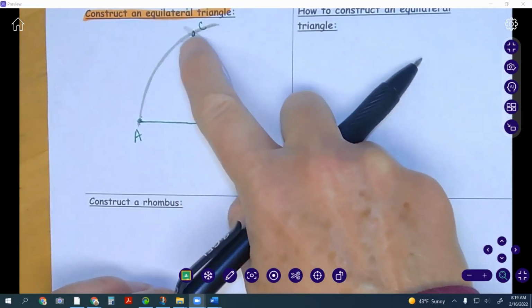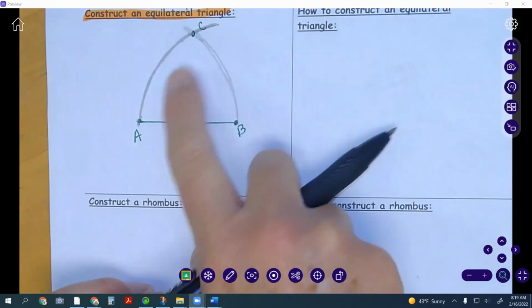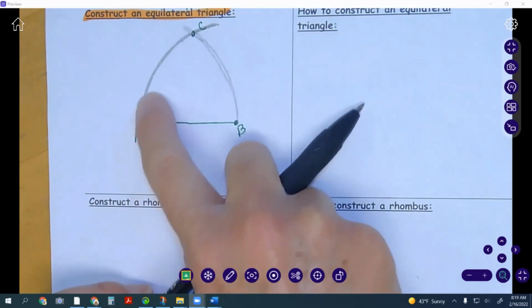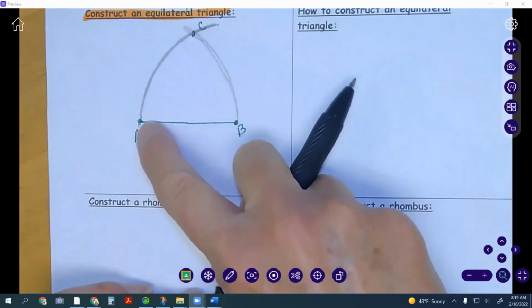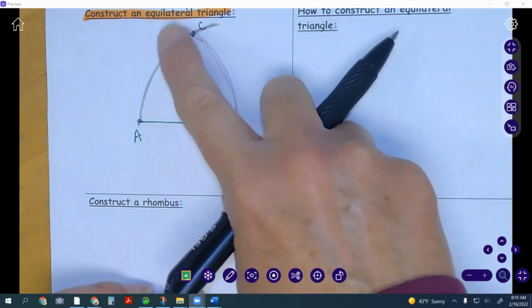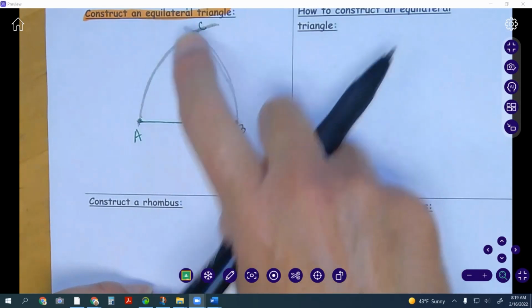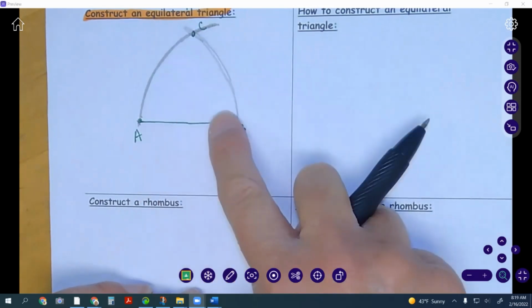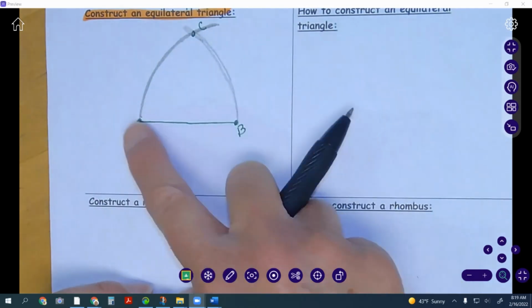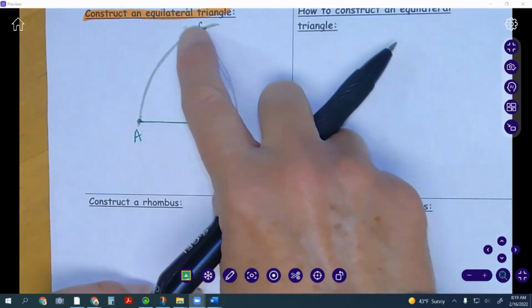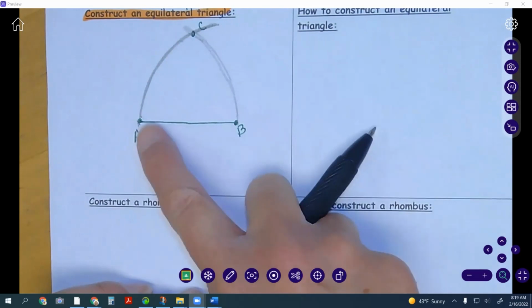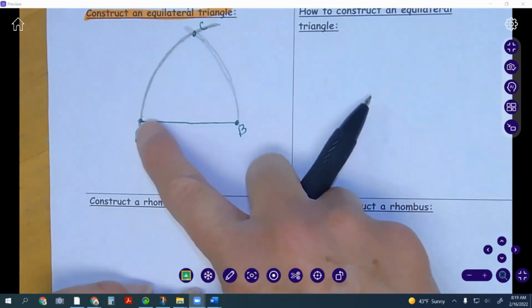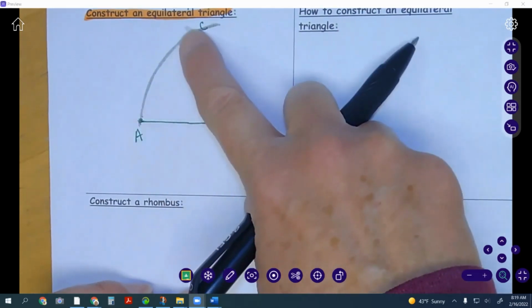That point is the distance from A to C, which is the radius of this circle, but it's also the same as the radius of this. Okay, so you see here, this circle that was centered at A has this as a radius, but if I draw from A to C, that would also be a radius.